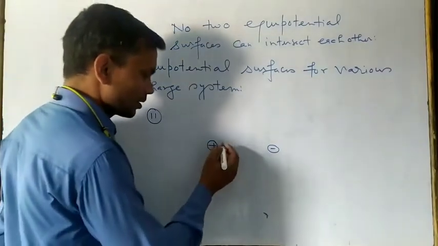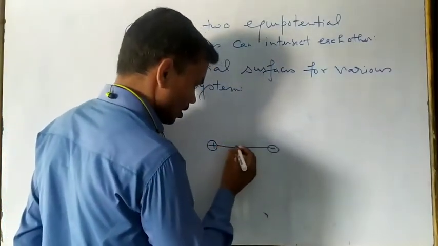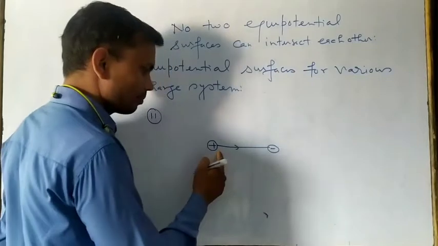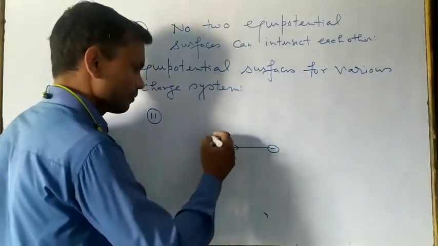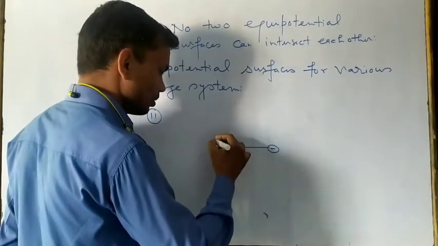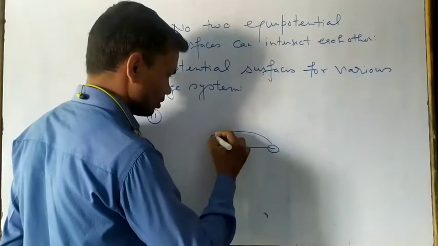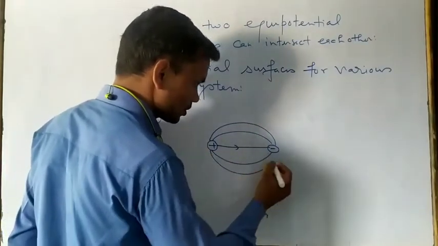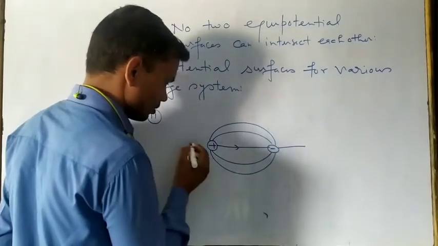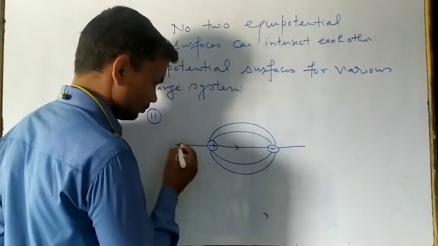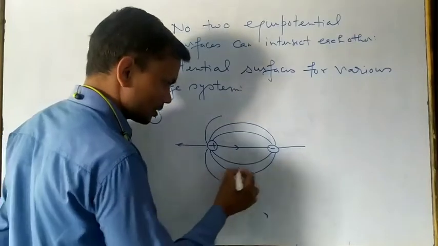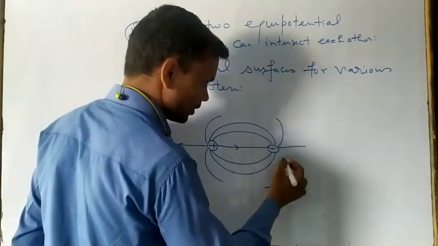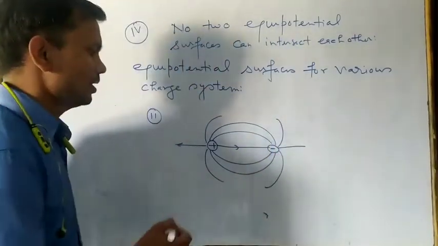The direction of the electric field is from positive to negative, and all electric field lines originate from the positive charge and go towards the negative charge, like that. This is the pattern of the electric field lines. In chapter 1 we have already discussed that.